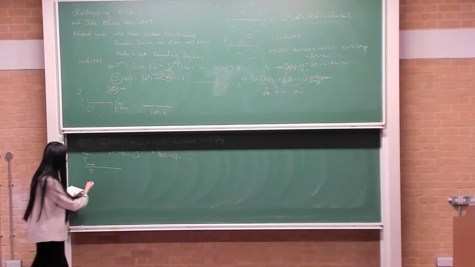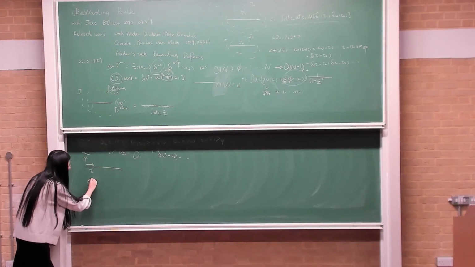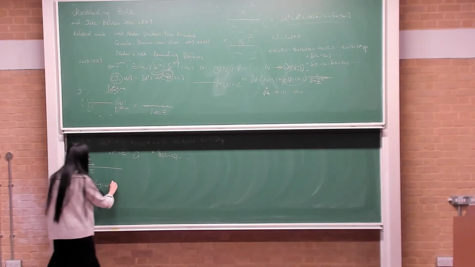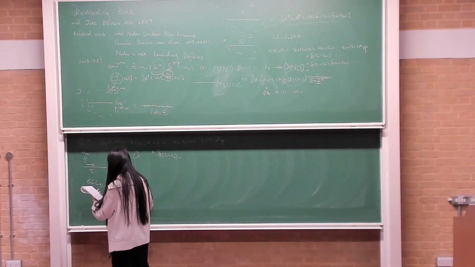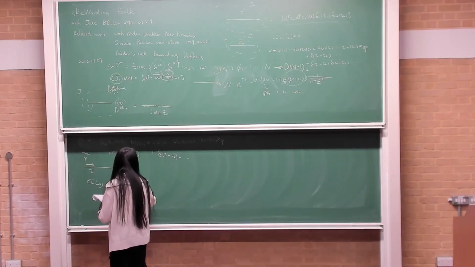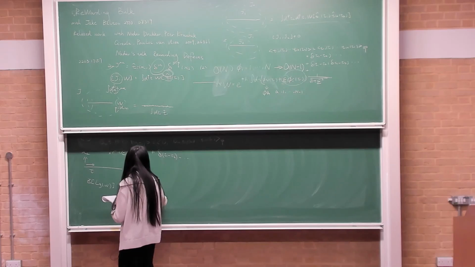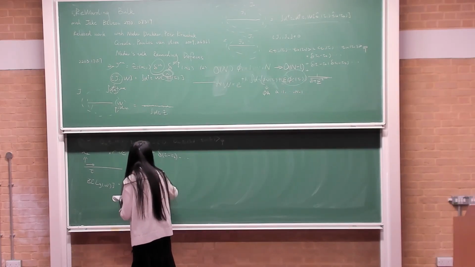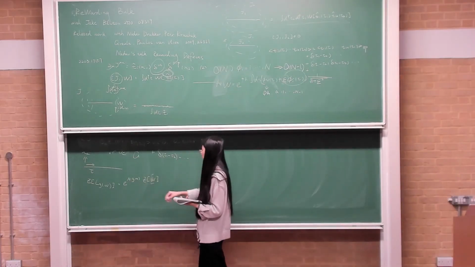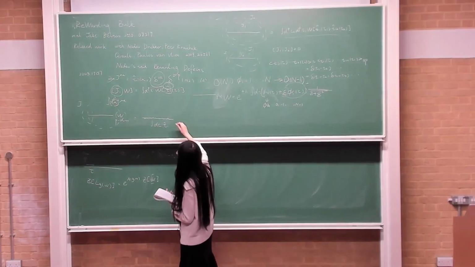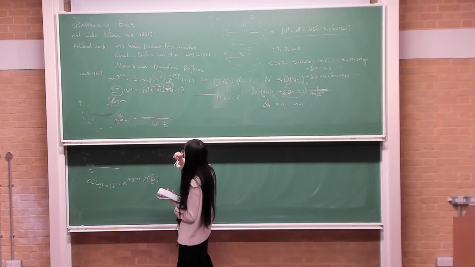So in the pure defect case, if you still remember Nadav's talk, just to remind you, this W is like the couplings of the tilde operators on the defect.